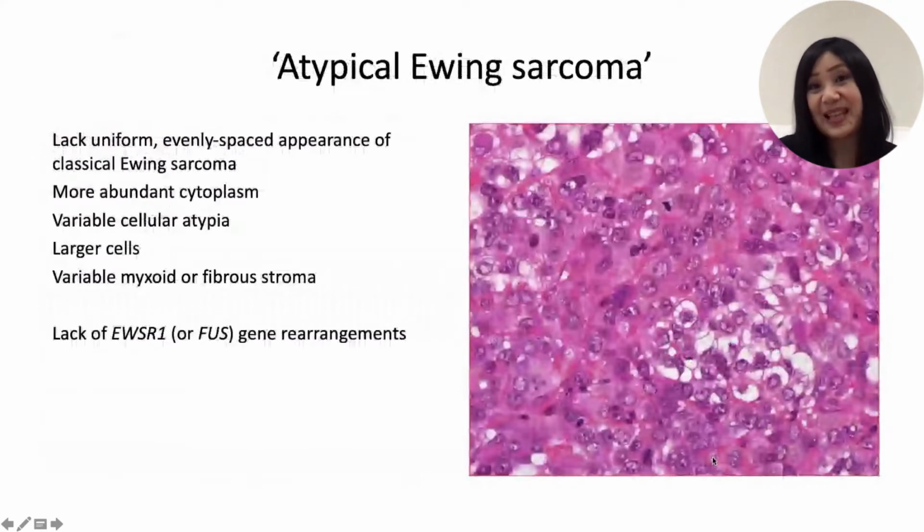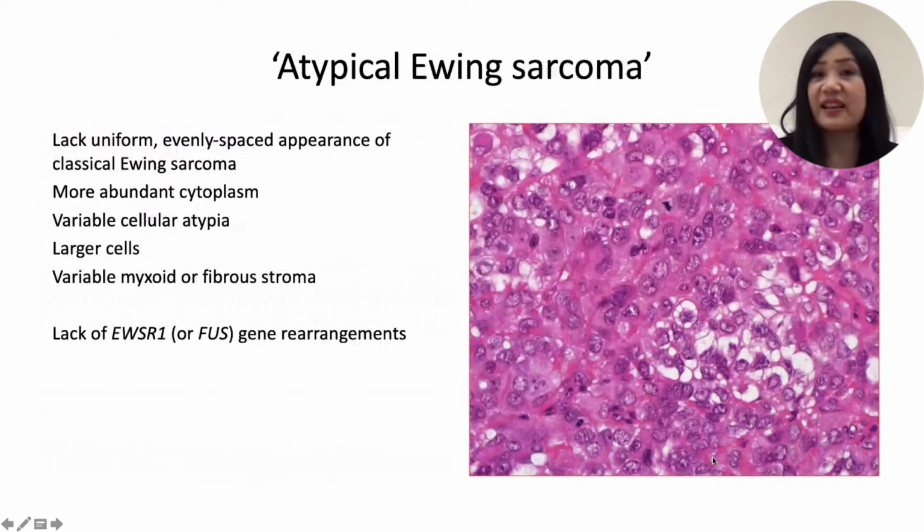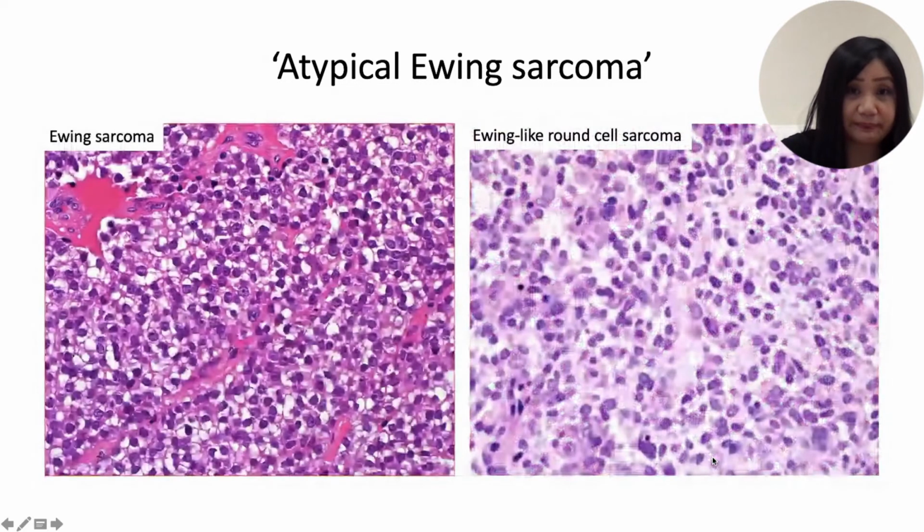So we go back to the concept of atypical Ewing sarcoma, and just to remind ourselves, these tumours occur in a similar clinical context to Ewing sarcoma, but just have variable atypia, so some scattered focal cellular pleomorphism, more cytoplasm, more stroma, larger cells, nucleolation, and can lack EWSR1 or FUS fusion.